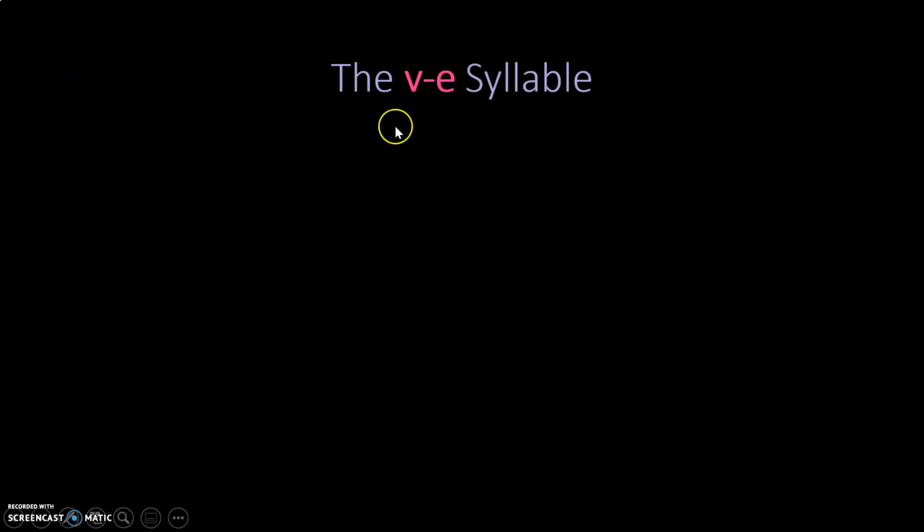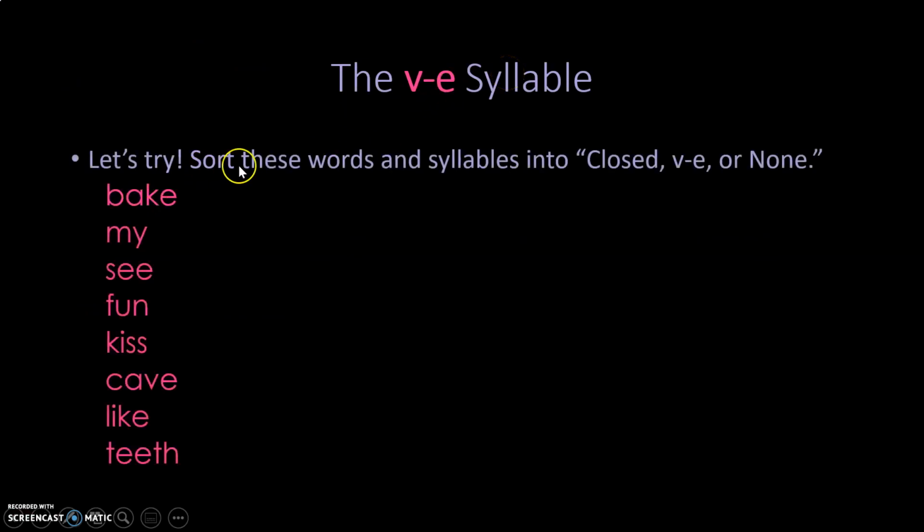Let's try that again. The vowel, consonant, E syllable. So let's try to sort these words and syllables into closed, silent E, or vowel, consonant, E. Or if they don't go under closed or silent E, we're going to put them under none. So if you want to pause the video, grab something to write with, a whiteboard, a piece of paper at home, please feel free. If not, make sure you're participating.